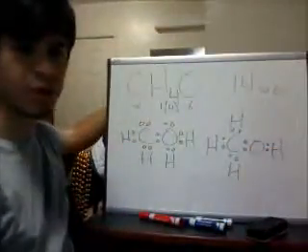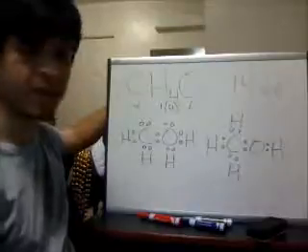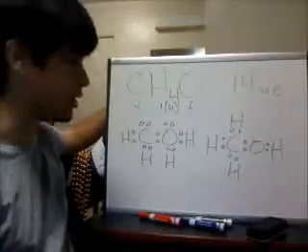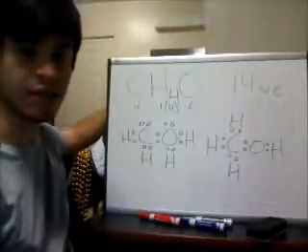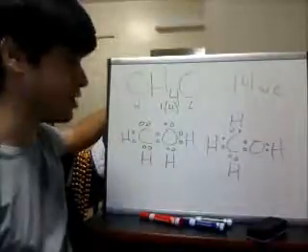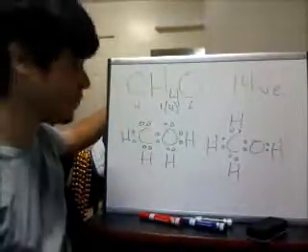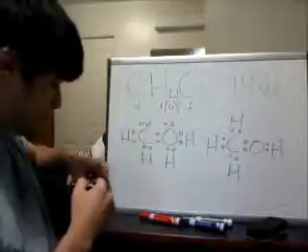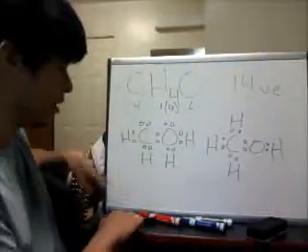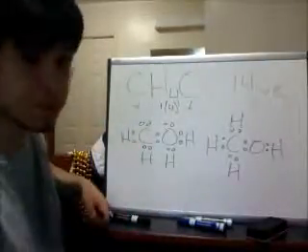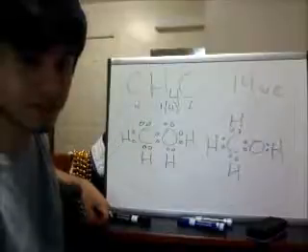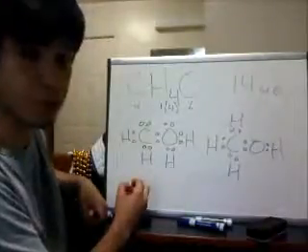So how will we know which one is more stable? Well, we can use something that we call formal charge and allot the electron charge to each individual atom. So let's start by looking at the carbon in here. And the way we do formal charge is we first take the normal number of valence electrons.